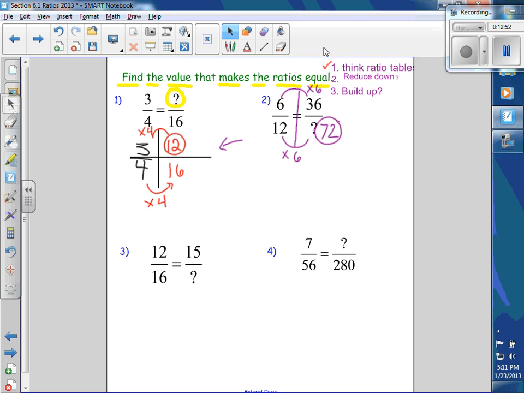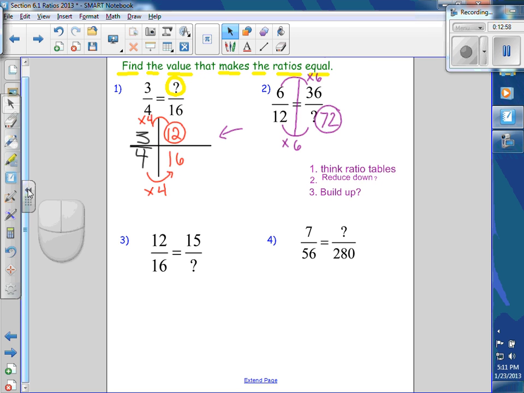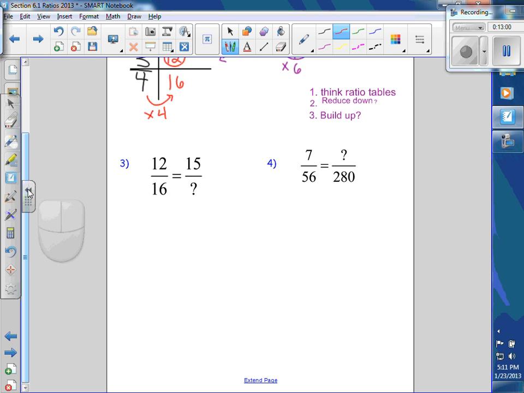But when you get to the problems below, they're a little harder. That's what this list is really for. So think about ratio tables, try to find the missing number, start with the ratio table, and if you can't find an easy way to get from 12 to 15, see if reducing down can help.